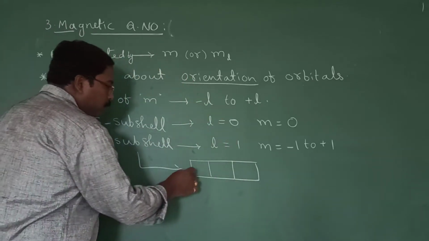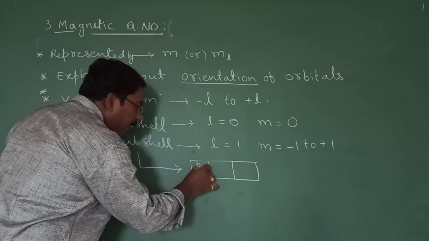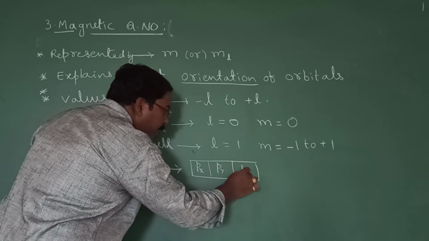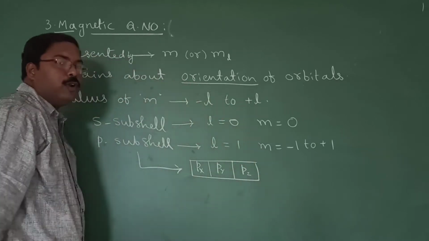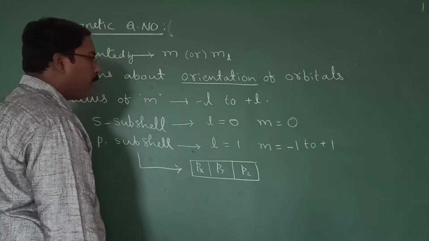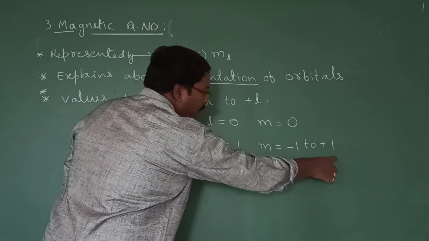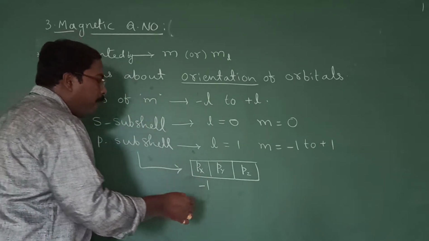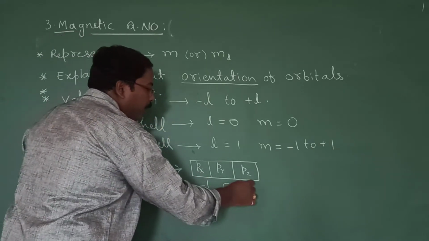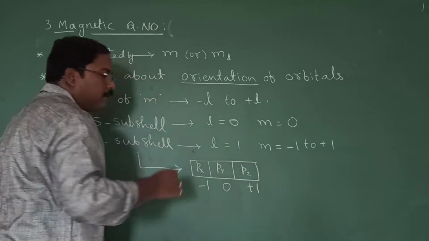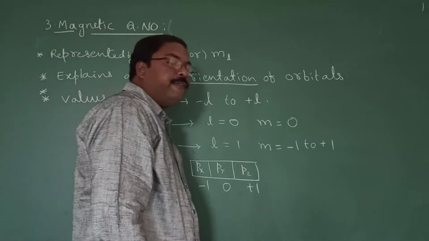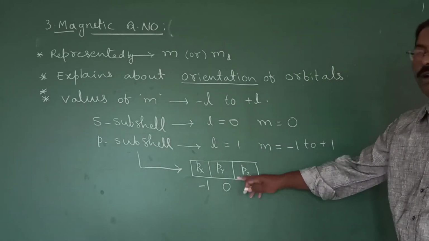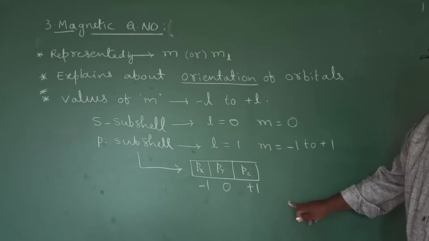These three are known as orbitals: Px, Py, Pz. Now, minus 1 to plus 1. After minus 1, what will be the number? 0. Next, plus 1. So the three different values for a P subshell are minus 1, 0, plus 1.